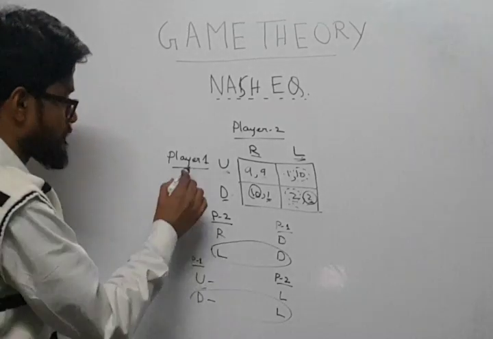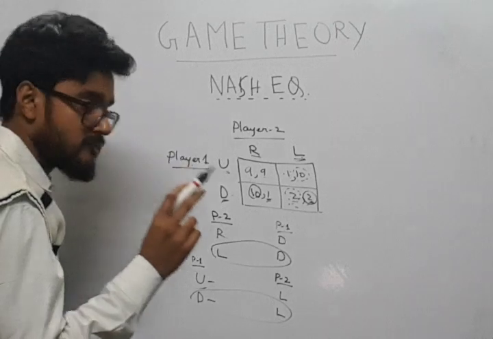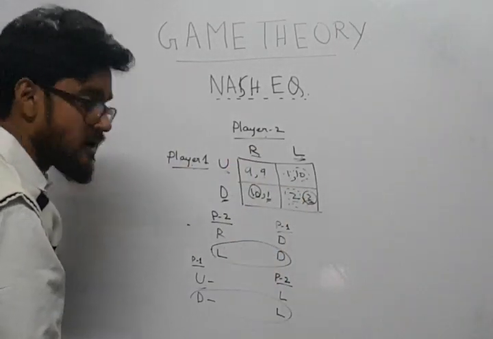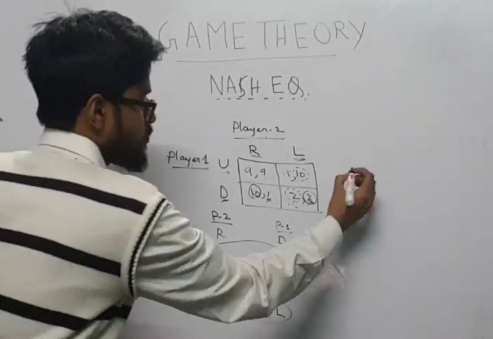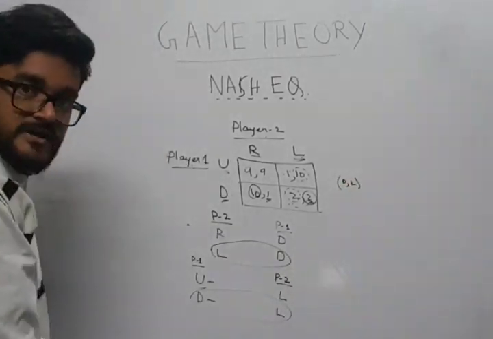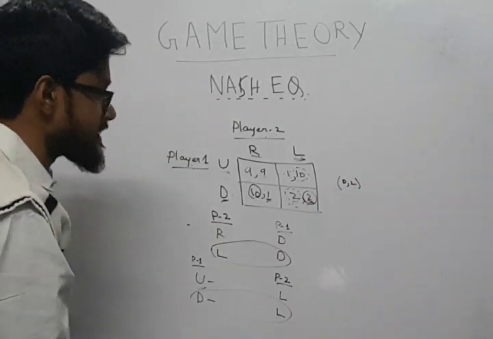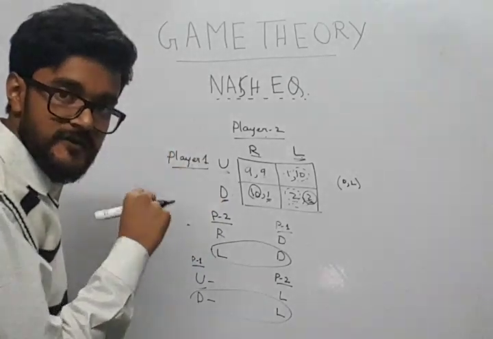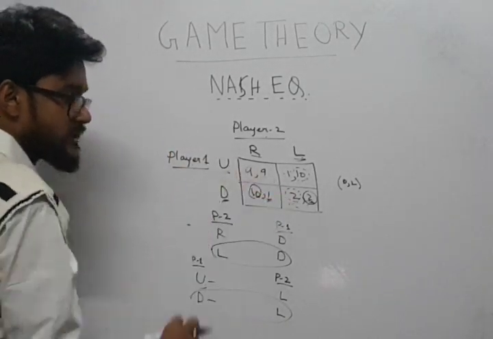For player 1, option D is optimal, which gives the highest payoff, and for player 2, option L is optimal. So here the Nash equilibrium strategy would be 2, 2, which is D, L. In this example, we have found only one Nash equilibrium. In the previous video, there were two Nash equilibriums.